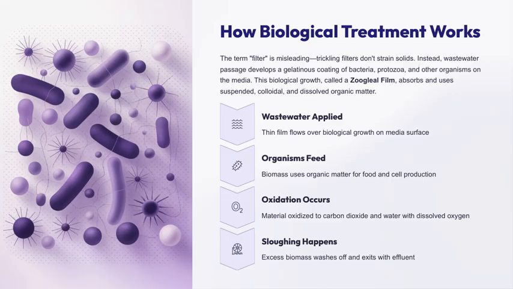Excess biomass, or the growth that's no longer needed, sloughs off and washes away with the effluent, leaving the system ready to continue treating incoming wastewater efficiently. This entire process is a key part of biological treatment, helping us remove organic pollutants naturally and effectively, and it ties directly into the overall goal of improving water quality.